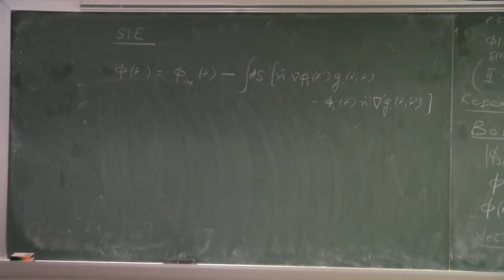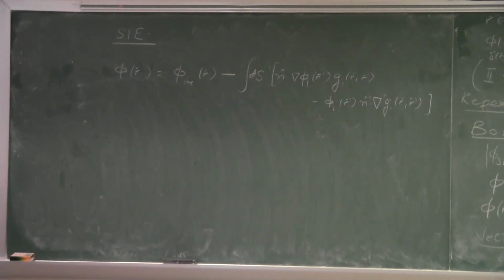If the surface is a very hard surface, then it turns out the normal derivative of the potential on that surface is 0. So one of these two terms will drop out, depending on whether it is a hard surface or a very soft surface.